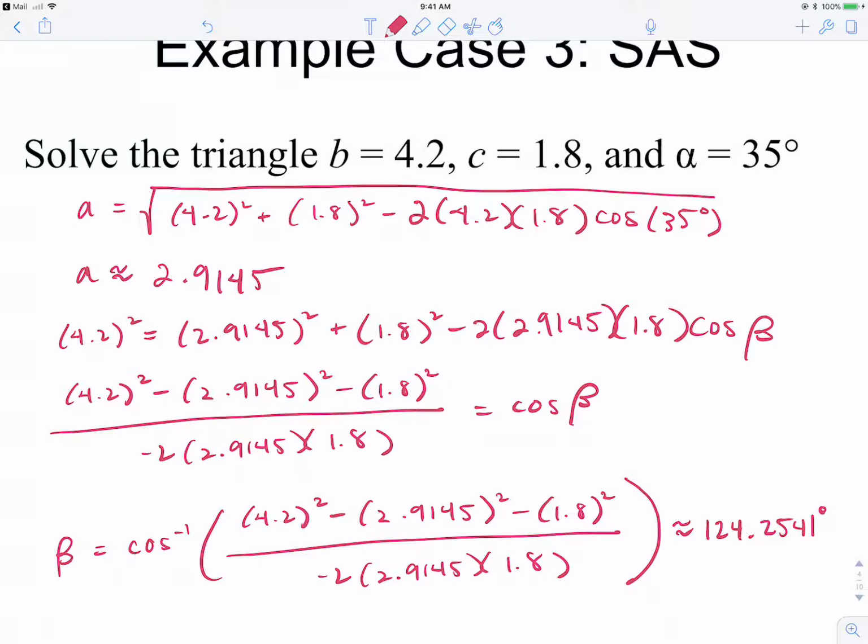So again, instead of writing C squared, I'm going to write C equals the square root of 5 squared plus 6 squared minus 2 times 5 times 6 times cosine of 170 degrees. And I get C is approximately 10.9585.